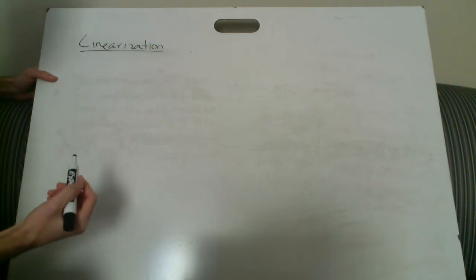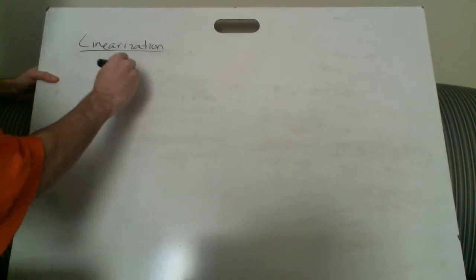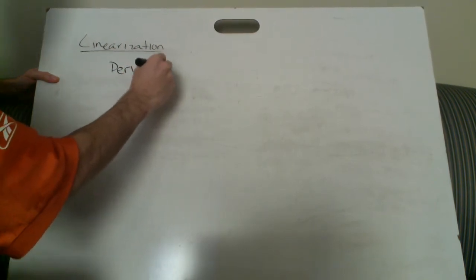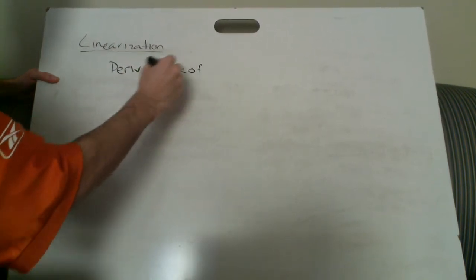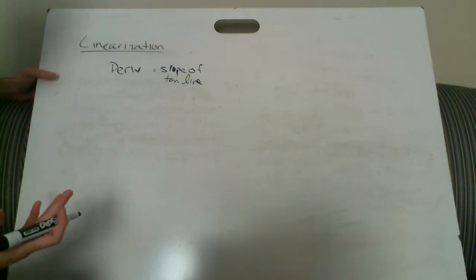First, let's recall how we find the tangent line. To find a tangent line, we know that the derivative represents the slope of the tangent line. So we can use this to figure out what the equation of the tangent line should be.